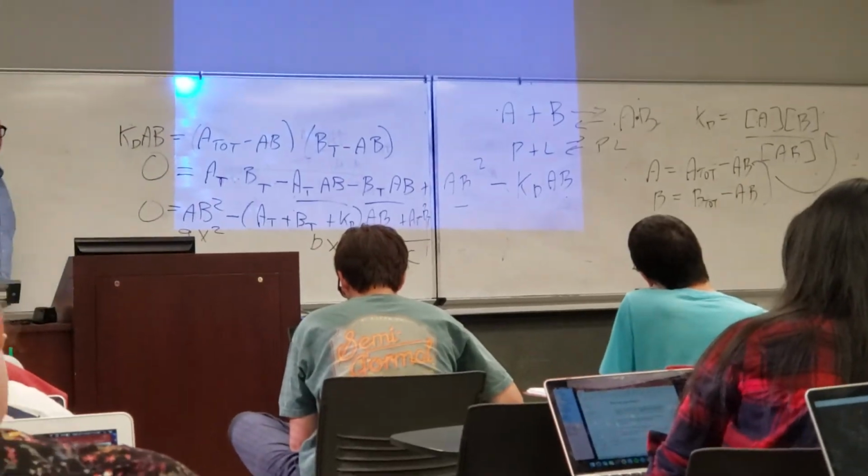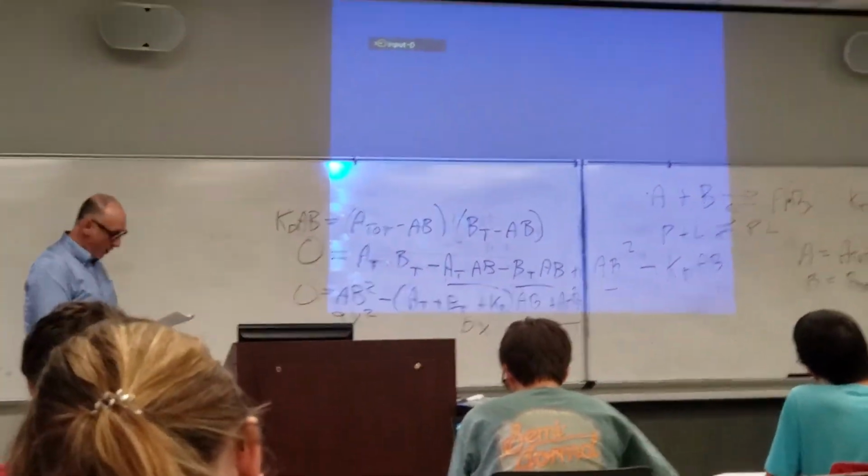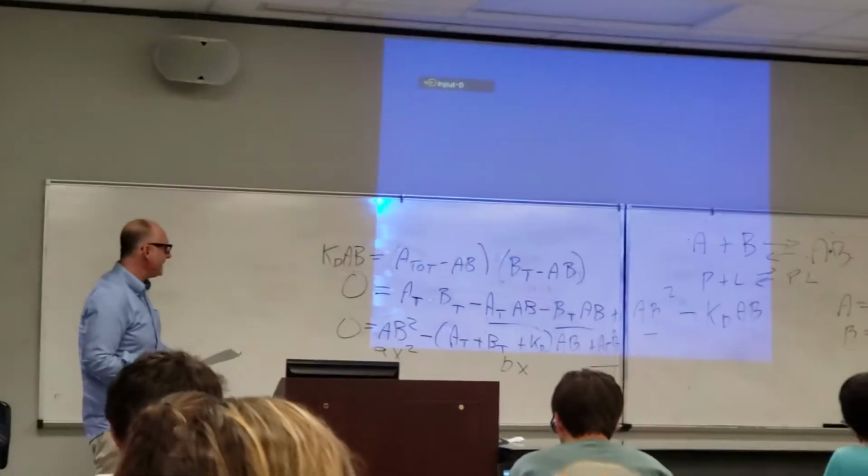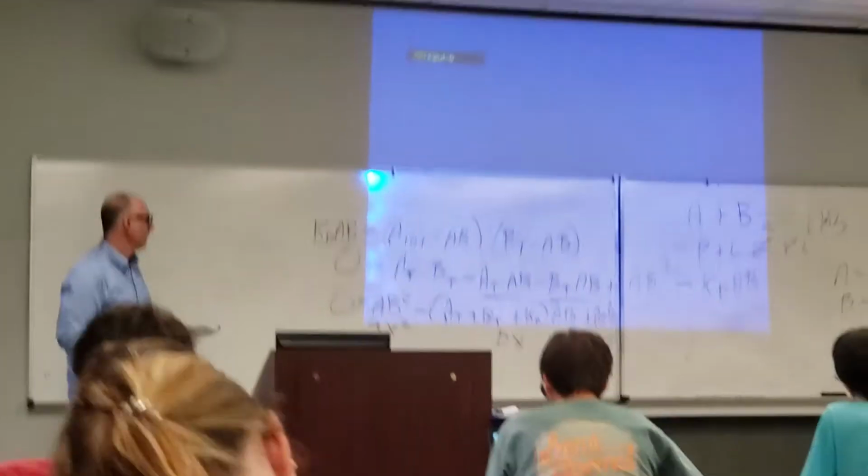Right, so now it's really looking like a quadratic, right? Meaning that if I think about it this way, this is the form of ax squared. This is the form of bx. This is the form of c. What's the last term? Oh, the last term is AT BT, sorry.